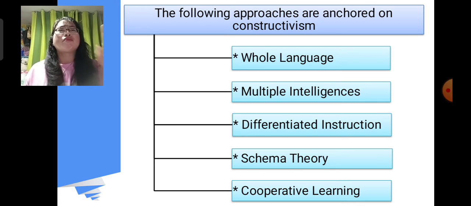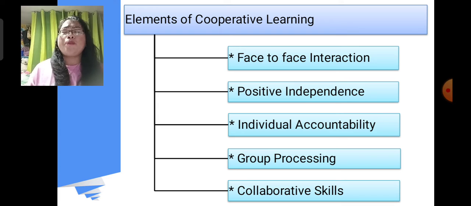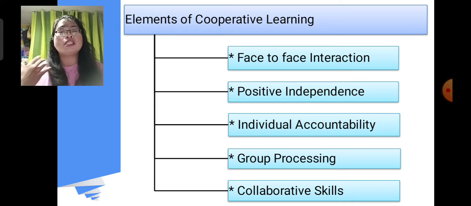So, there are elements of cooperative learning. Researchers David and Roger Johnson have identified five elements that define cooperative learning. The first one is face-to-face interaction.